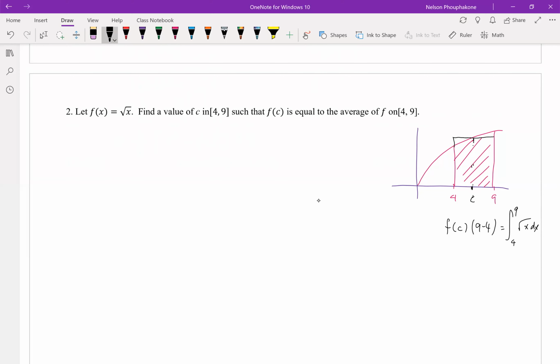Okay, then let's try this. The average is equal to 1 over 9 minus 4, integrate between 4 and 9 of square root of x dx. Then now I have 1 over 5, integral from 4 to 9 of x to the 1/2 dx. 1 over 5, and then 2 over 3 x to the 3/2.